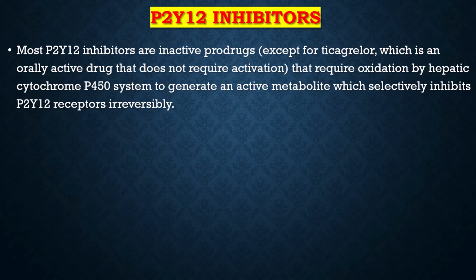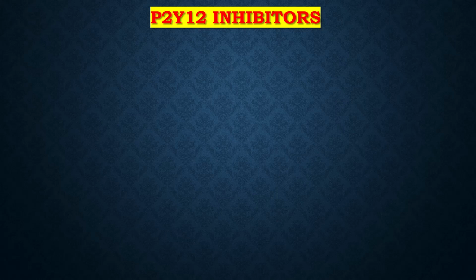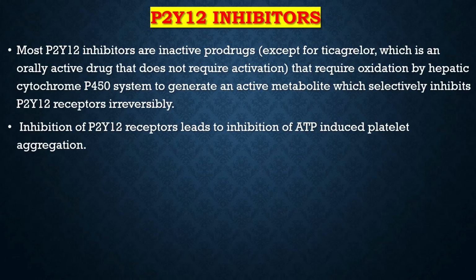P2Y12 inhibitors. Most P2Y12 inhibitors are prodrugs except for ticagrelor, which is an orally active drug that does not require activation. The prodrugs require oxidation by the hepatic cytochrome P450 system to generate an active metabolite which selectively inhibits the P2Y12 receptor irreversibly.